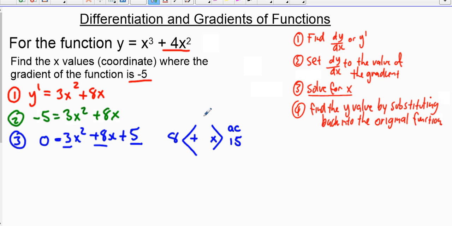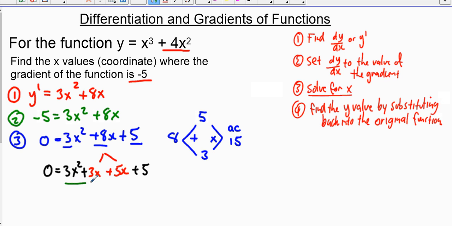The two factors will be 5 and 3. Now we can split this middle term using the factors, 3x plus 5x, and my first term 3x squared stays the same, and my constant of 5 stays the same.